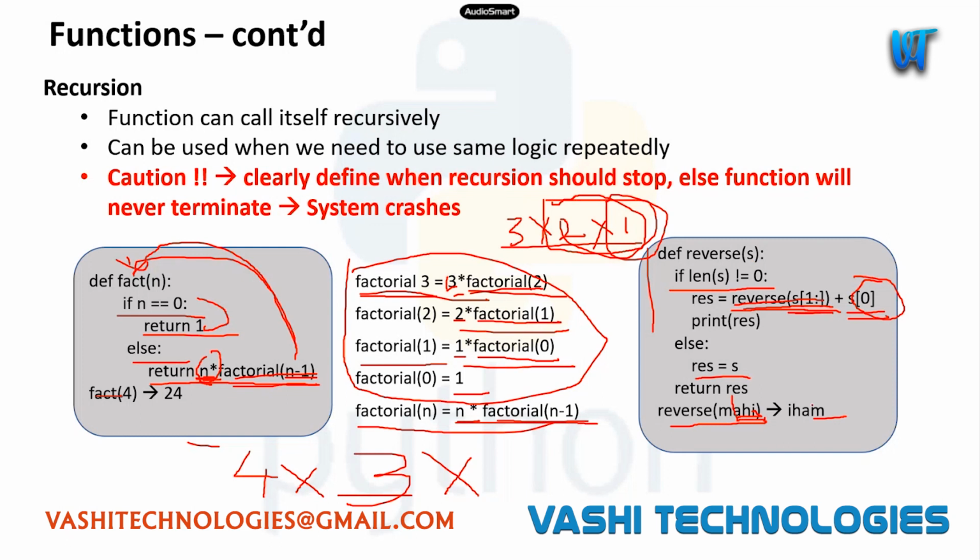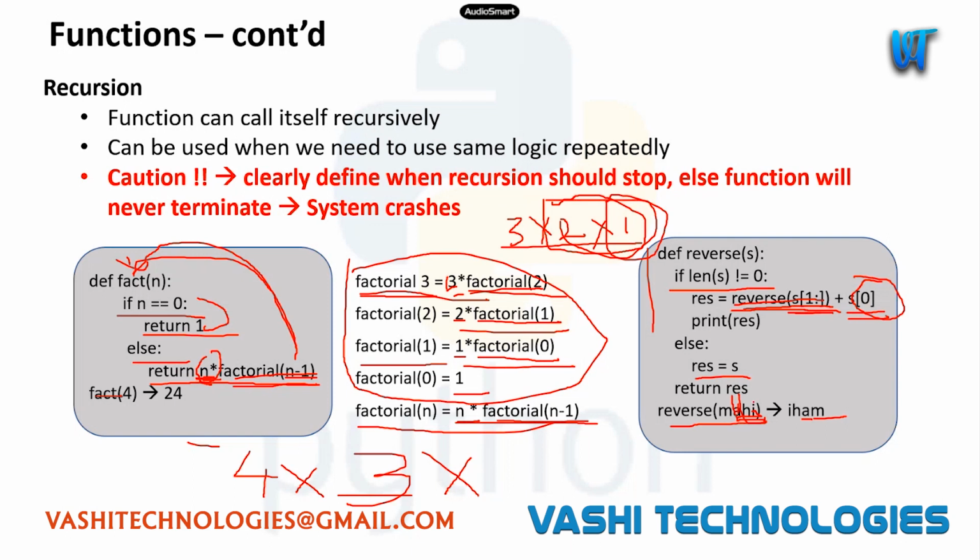In the second iteration, again we have AHI, where A is now in the 0th position, and 1 to the end is HI. HI will be passed again to the function. It will pass HI to itself and execute again.